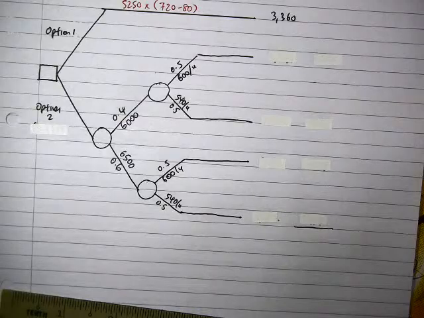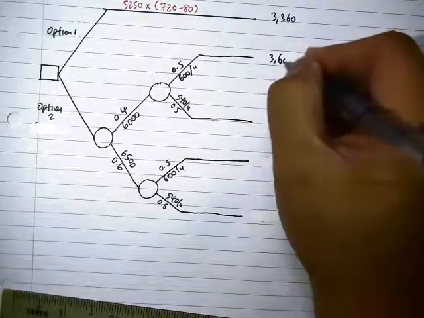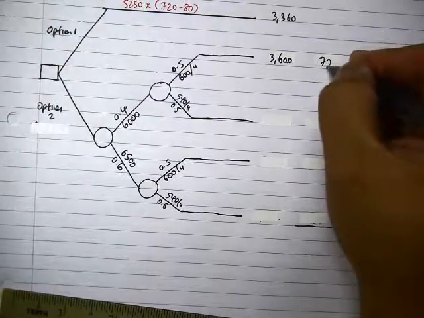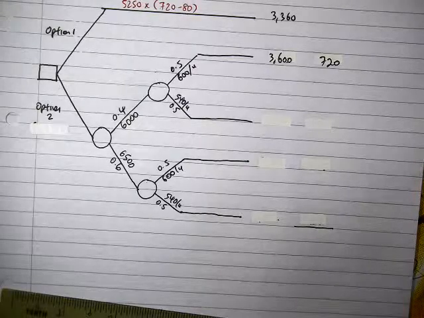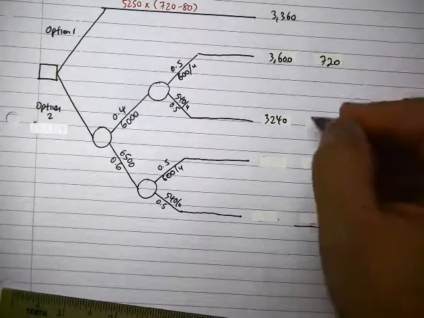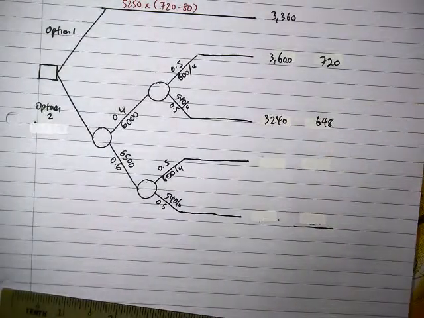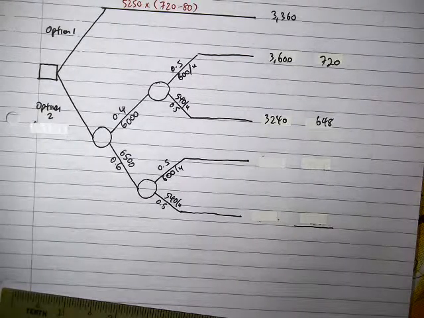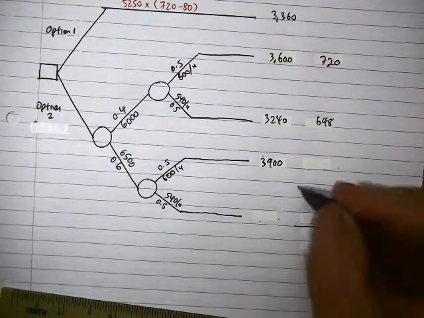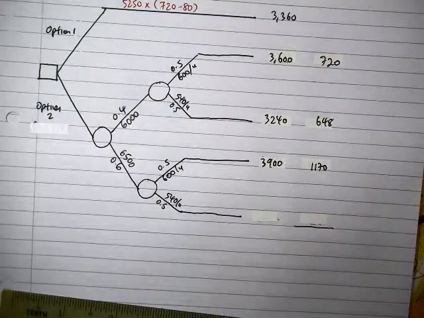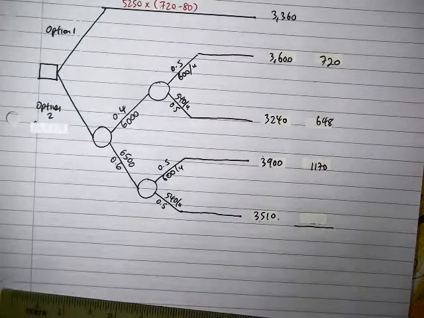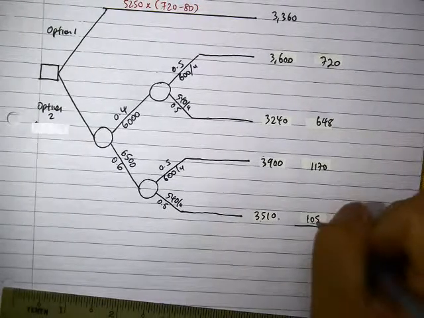Sorry. So 6,000 times 600 is 3,600. 0.4.5 is 720. 6,000 times 540 is 3,240. 0.4.5 is 648. 6,500 times 600 is 3,900. 0.6.5 is 1170. 6,500 times 540 is 3510. 0.6.5 is 1053.